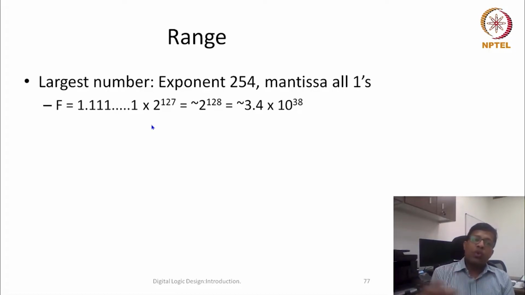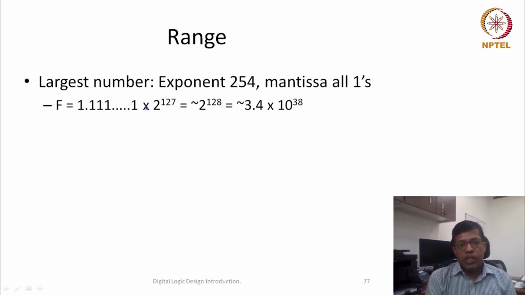So if I write all the ones and also add the significant part, the number becomes 1 point, all ones in the mantissa, there are 23 ones, and then 2 to the power 127. Why this 127? Because I have subtracted the offset of 127 from 254. So the value is 254 minus 127, equal to 127.